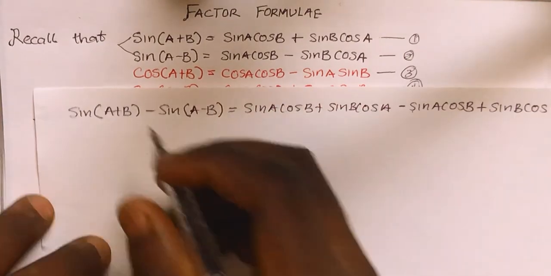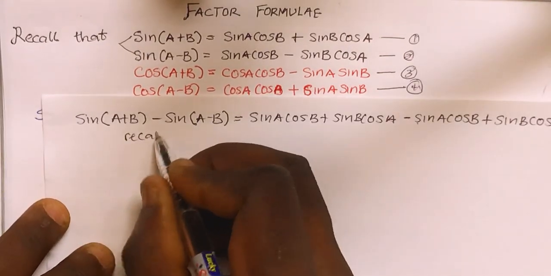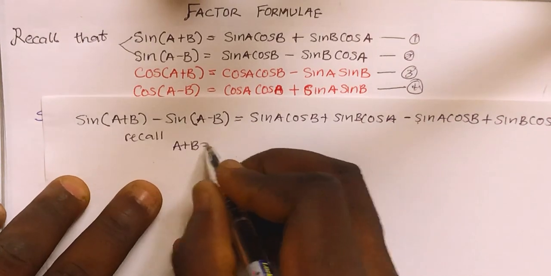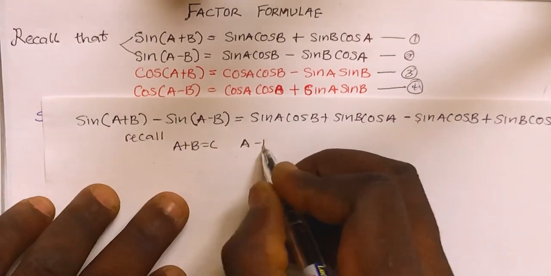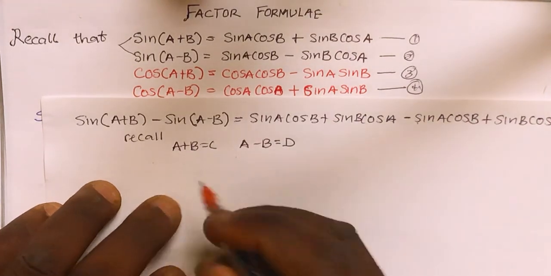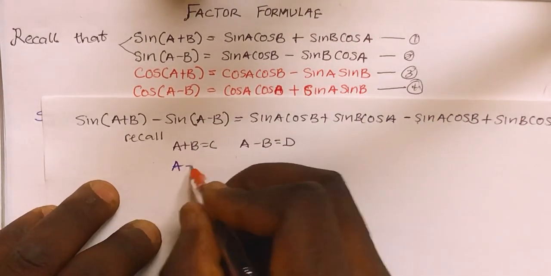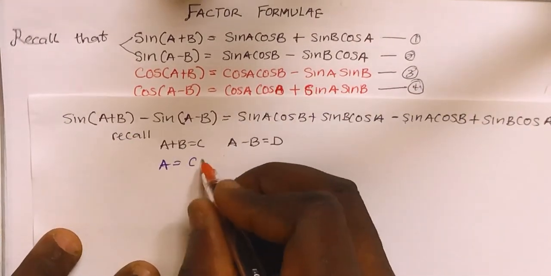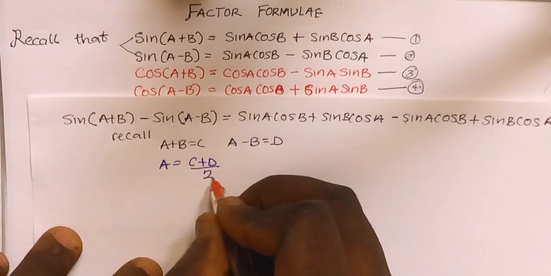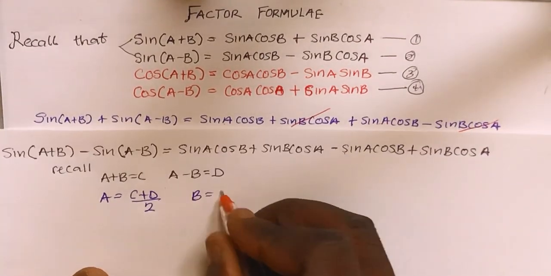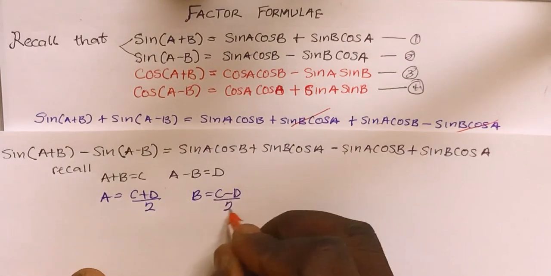So you can now recall that A plus B is given to be C, and A minus B is given to be D. Then the expression for A is C plus D divided by 2, and B is C minus D divided by 2.